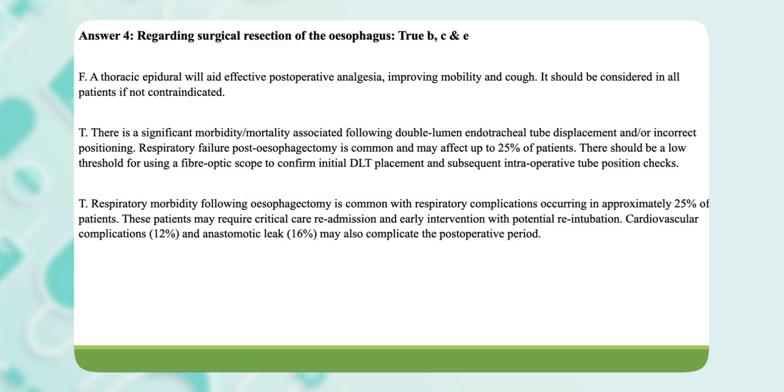It has two lumens and two balloons: one balloon in your left bronchus, another balloon in the trachea.